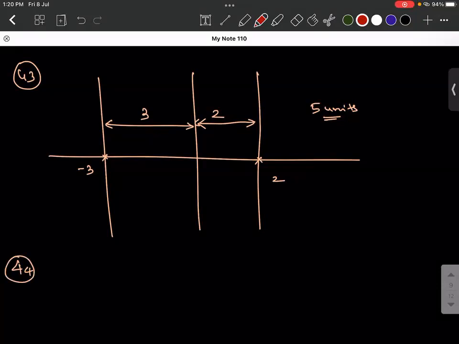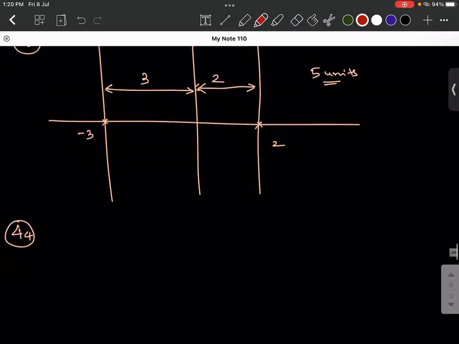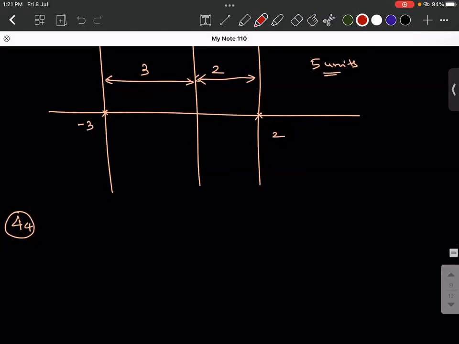Question 44. A and B are friends. A is elder to B by 5 years. Let the age of A be x and let the age of B be y.